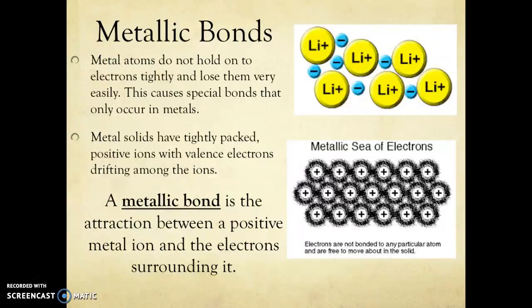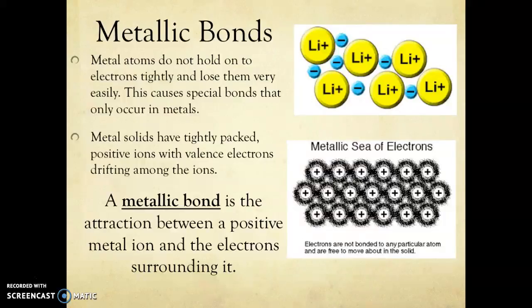Now, when an atom loses an electron, it forms what we call an ion. We're going to talk about those in just a couple minutes. But basically, you've got all of these ions, these atoms that have lost their electrons. They're all packed together, and all of the electrons are just surrounding them and kind of just drifting from one to the other.